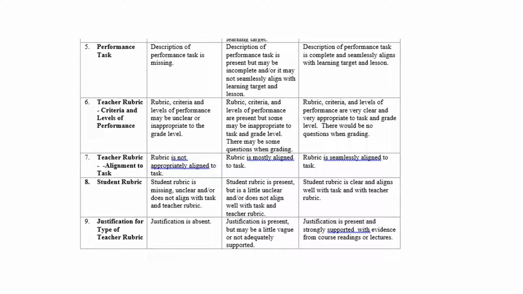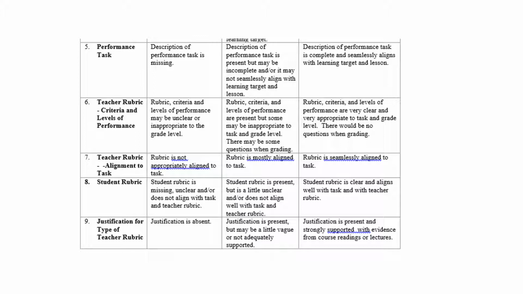The performance task is next, and it should align with your learning target and your lesson. The teacher rubric should be very clear. The criteria and levels of performance, so the rows and the columns, should be very clear, appropriate to the task and the grade level.